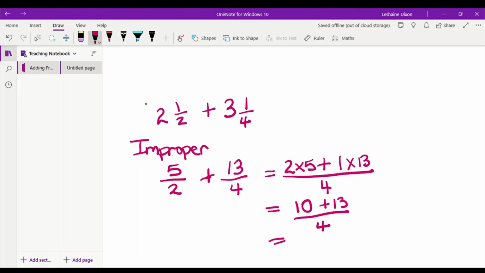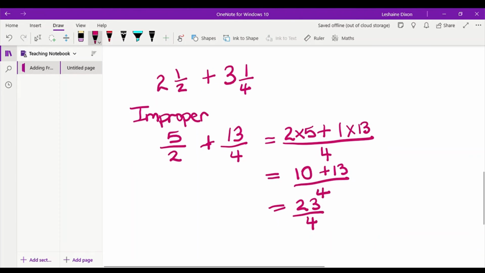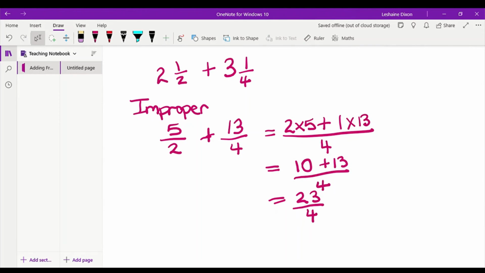That is equal to 23 over 4. Now sometimes you can leave it as an improper fraction because it's not wrong, but some teachers may want you to express it as a mixed fraction because you were working with mixed fractions in the first place.